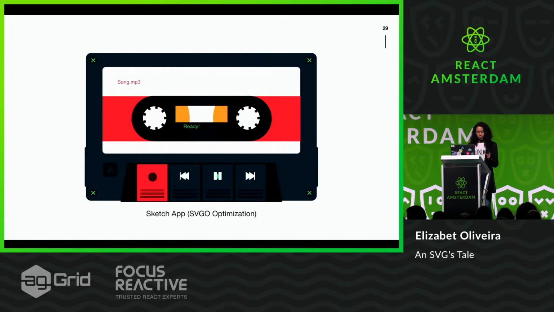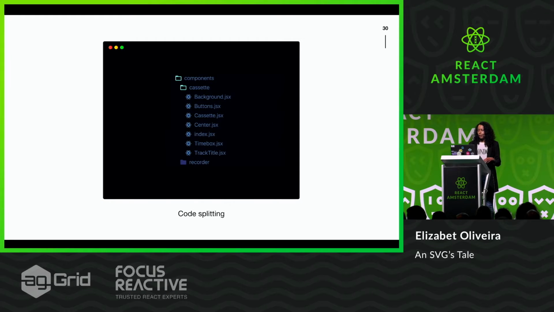I exported this image from Sketch, and as you can see, I have all the elements there, the play and the pause, because then I'm going to manipulate them with React. First thing, I optimize the SVG. And then this is actually the structure.